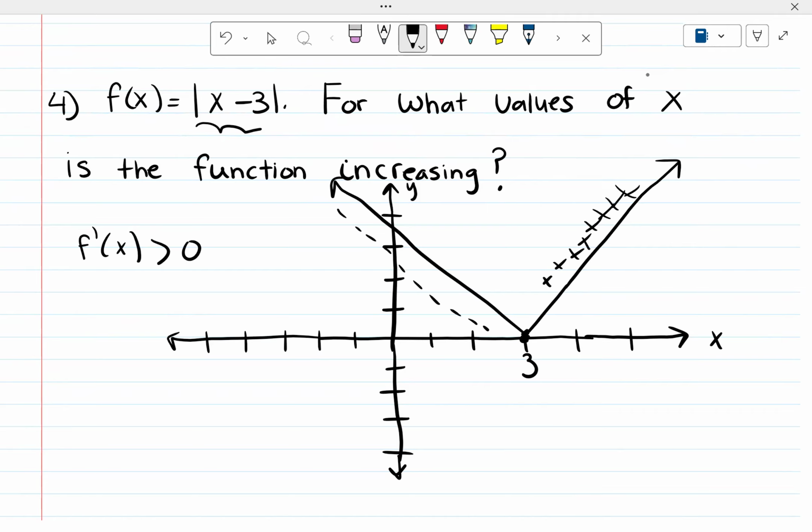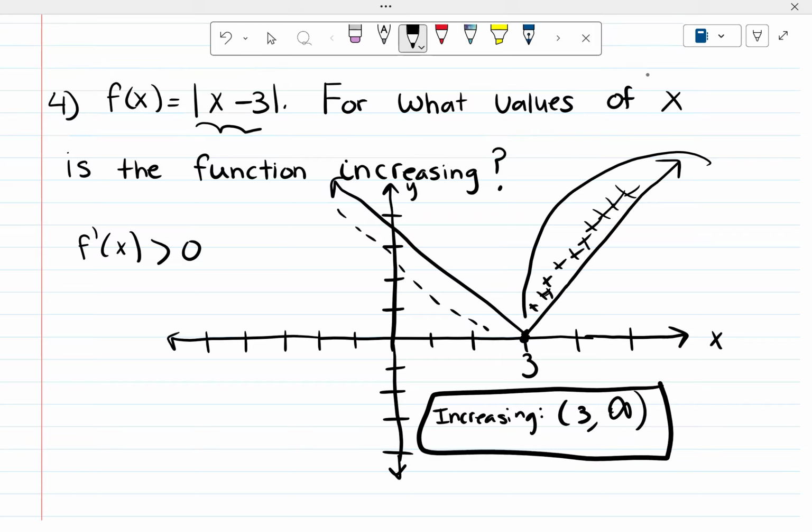So it's increasing in this region, from 3 to infinity, in interval notation (3, infinity).